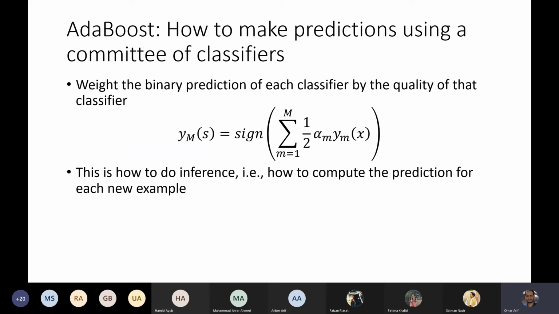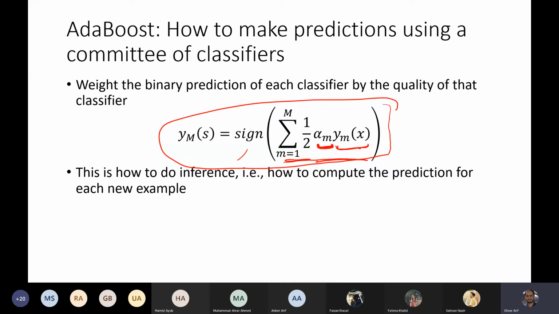And so once you have trained, finally, this is how you're going to compute the output. You have the output of the mth classifier multiplied by its quality or its weight, and then you take the sum of all those outputs and take the sign. If it is a plus sign, you assign it the plus one class. If it is negative, you assign it the other class.